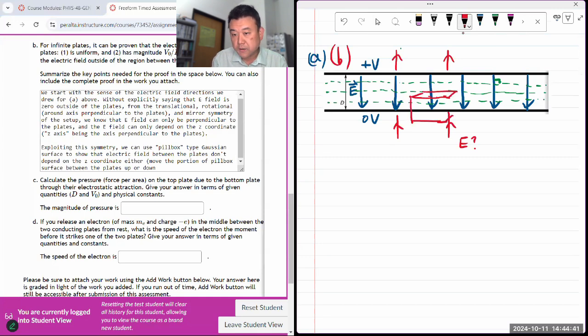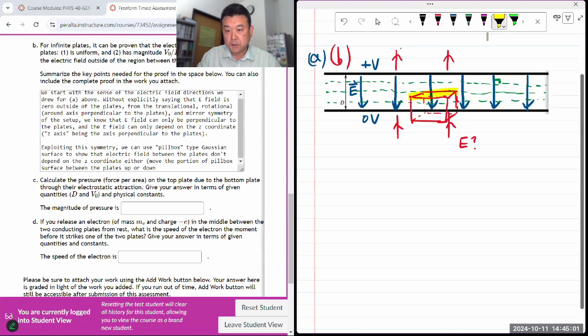So this will enclose some charge. That enclosed charge is what gives you the net flux, and you argued that the electric field is uniform, so E dot A is constant and all that. What you are then doing in this argument is imagining moving this surface up or down.